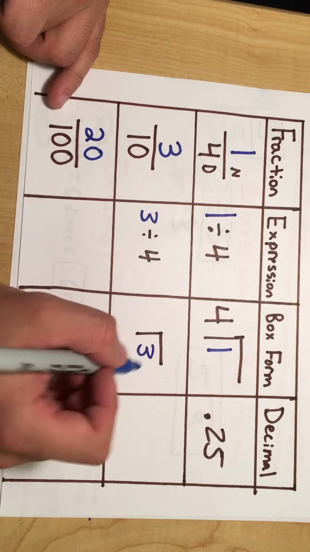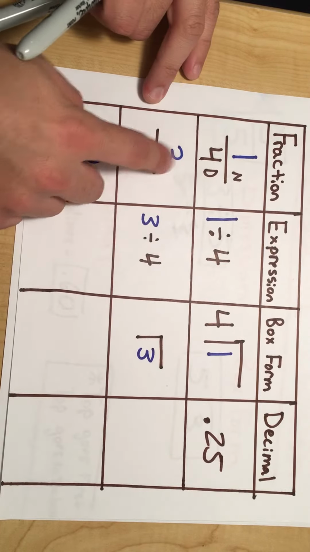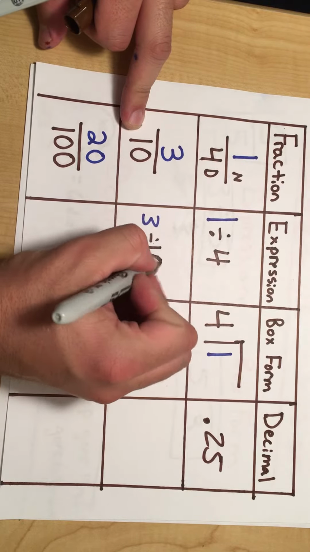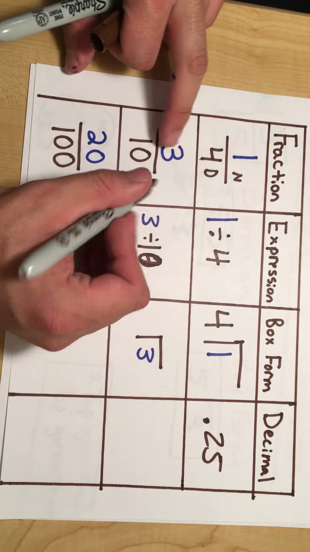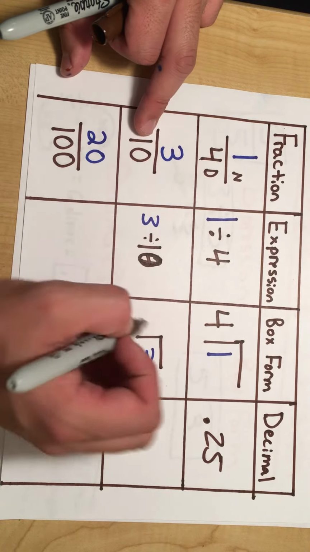I even put it in blue so you guys can see that the top number goes in the box. And I'm sorry, I said 4. It was actually 3 divided by 10. Let me change that. I just noticed I made a mistake. 3 divided by 10, right? Because it's 3 over 10. Okay, there we go. 3 in the box, 10 outside.